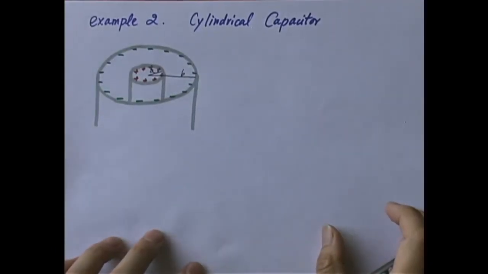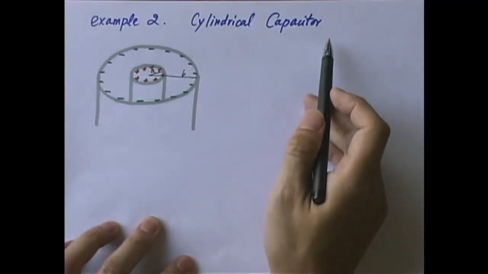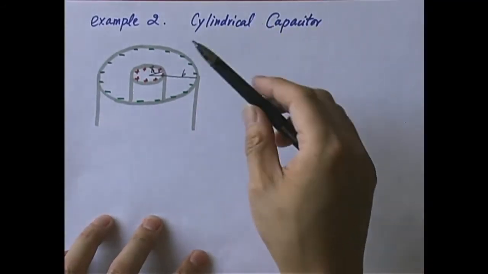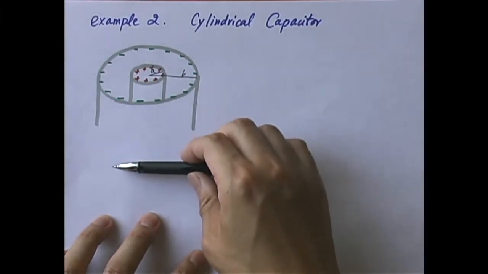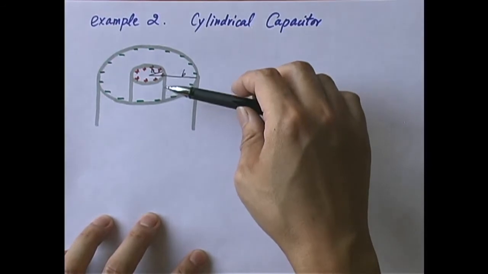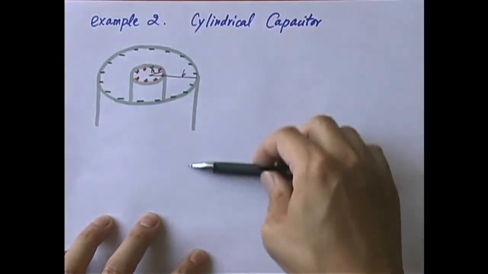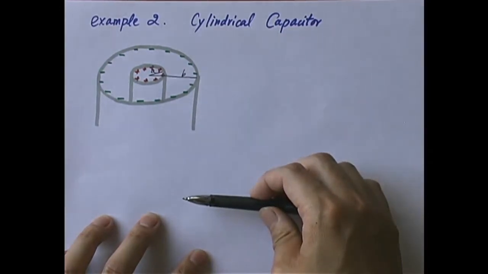Okay, as we saw before, the value of the capacitance of a capacitor depends on the geometrical setup, such as the shape and size. And moving from a parallel plate capacitor, the next type of capacitor we're going to study has a different geometry. It's a cylindrical capacitor. Imagine I have an infinitely long cylinder made of metal, of conductors, surrounded by a concentric shell, which is also infinitely long.